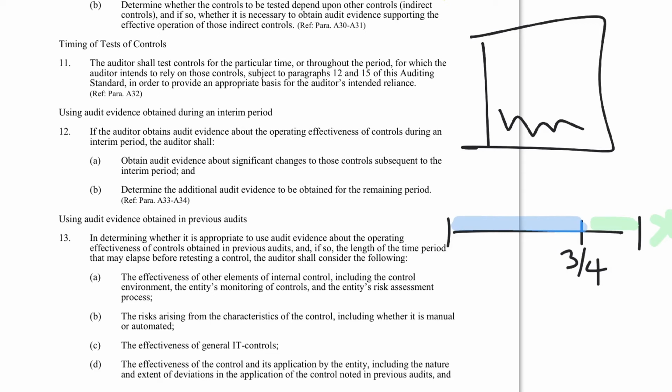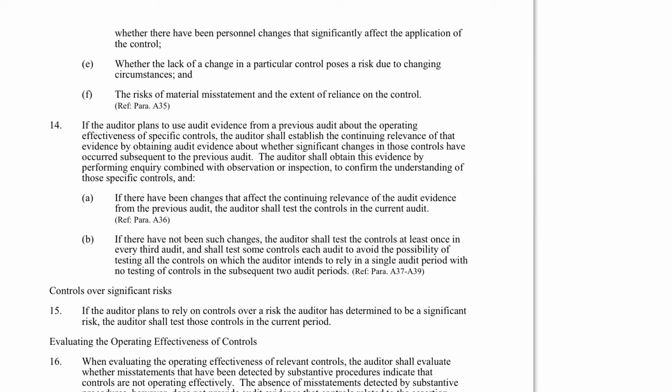Now, of course, sometimes I might want to use evidence that I had used in a previous year. So if the control has not changed, then I may rely on evidence from a previous year. It's pretty rare that controls will not change because so much of companies is customized and is adapted. So we need to be very careful if we're going to use audit evidence from a previous period.